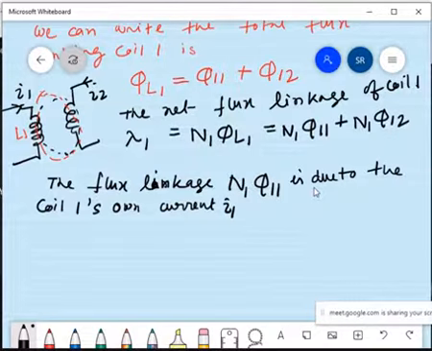That is coil 1's own current, and in coil 1 the current flowing is I1.